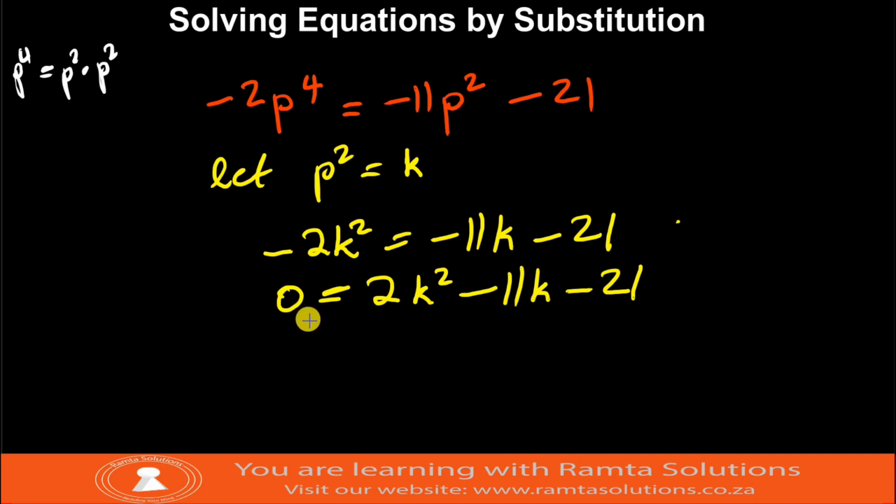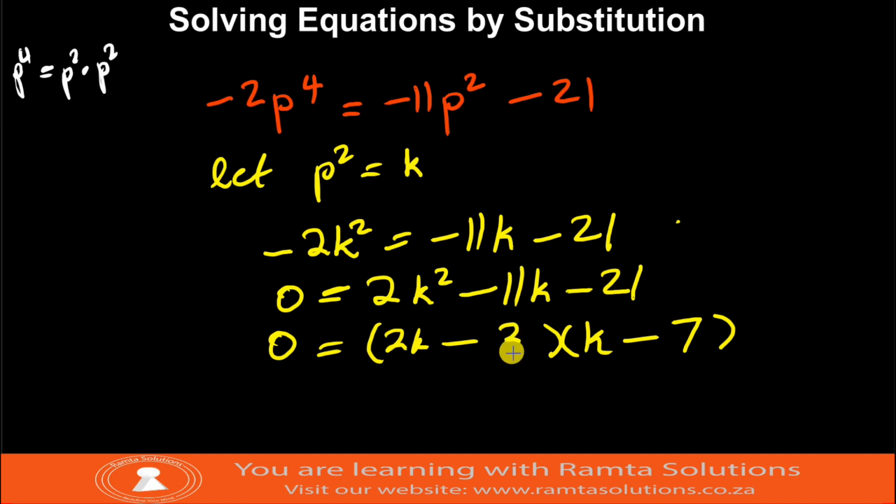All right, so this we can factorize. We will say this is (2k minus leave a space)(k minus leave a space). Factors of 21 are 7 and 3. So if they are 7 and 3, I will try 7 and 3 here.